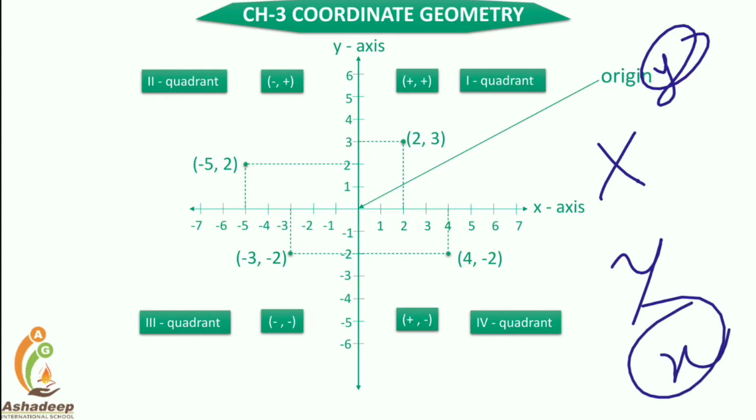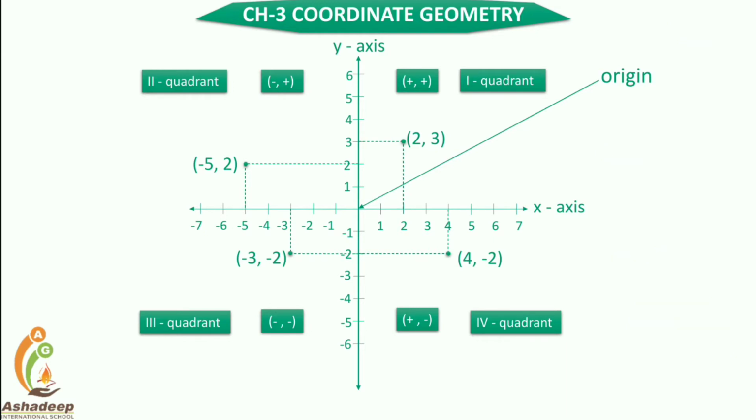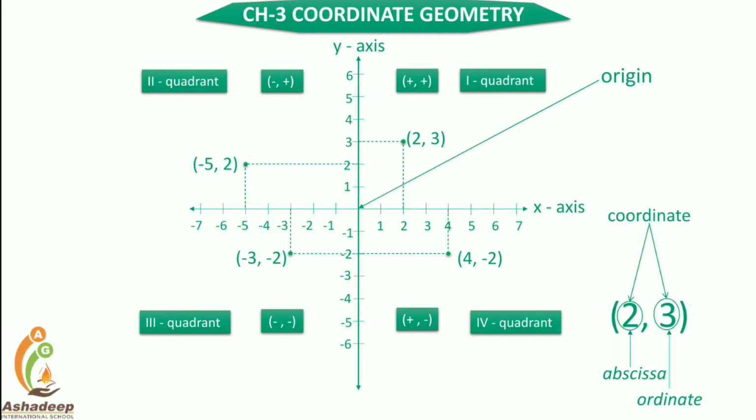It is very simple, but at the same time you have to remember this or understand it. See here, these two are called the coordinates, and this is called the abscissa, and this is called the ordinate.